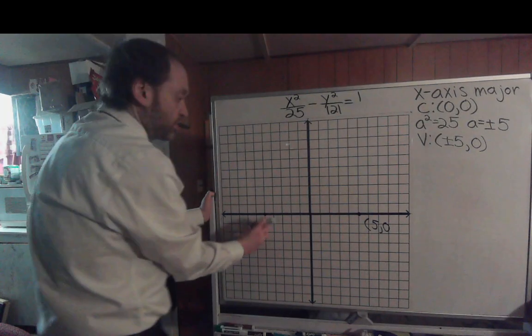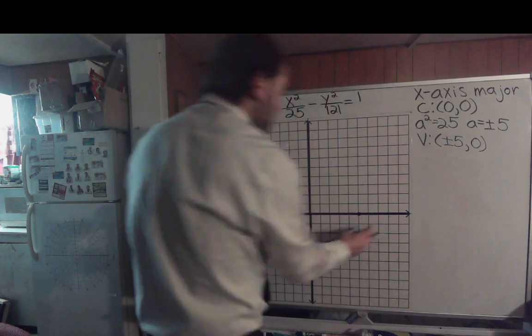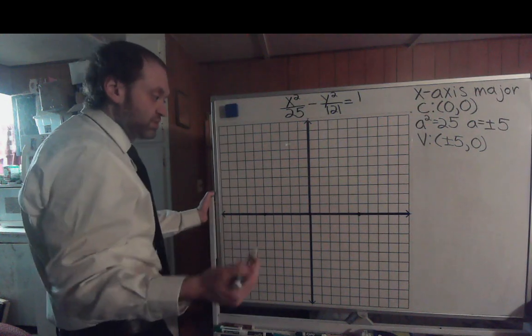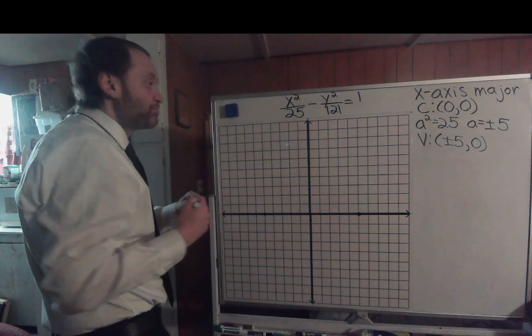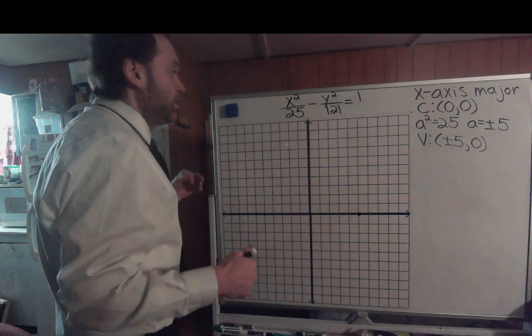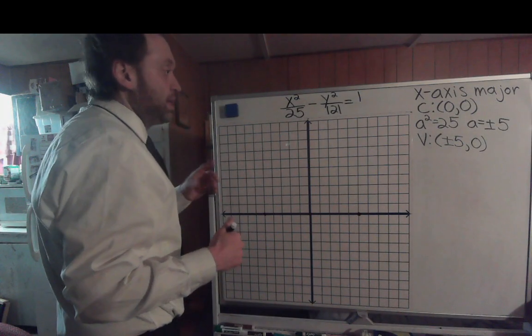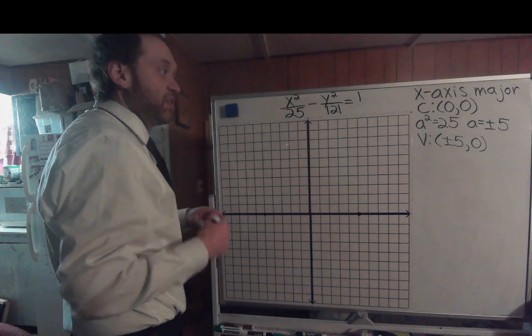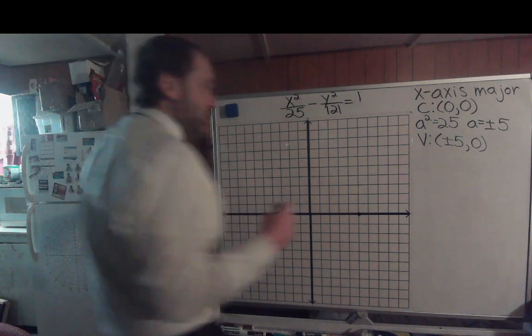Well, there's our vertices. It's going to be kind of hard to label all this when we have asymptotes and all that to worry about. But we found that. Now, I would actually say next let's find the asymptotes so we can get drawing those.